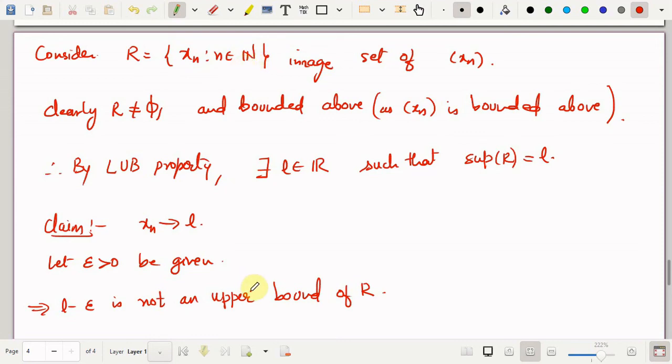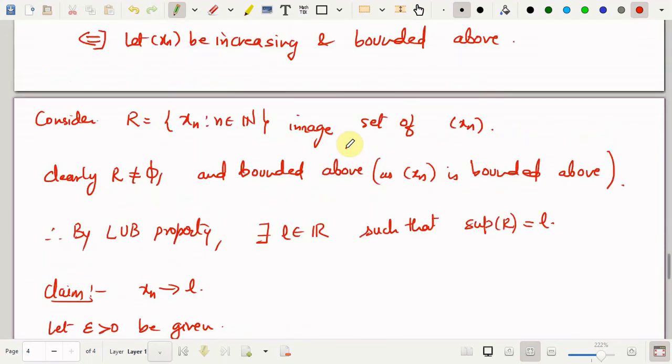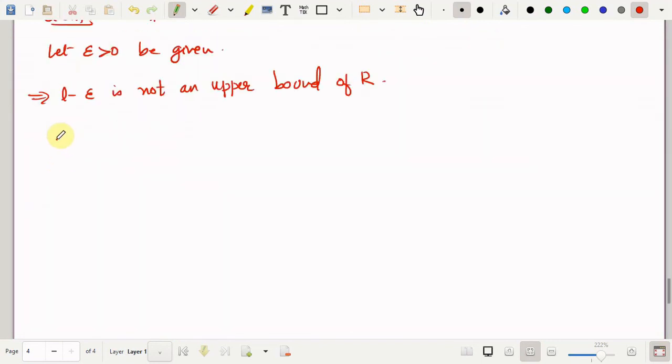Okay, so instead of saying that there is an element in R, because R is nothing but the set of all the elements xn, where n is a natural number, this is the same as saying therefore there exists n in the naturals such that xn is greater than L minus epsilon, since L minus epsilon is not an upper bound.